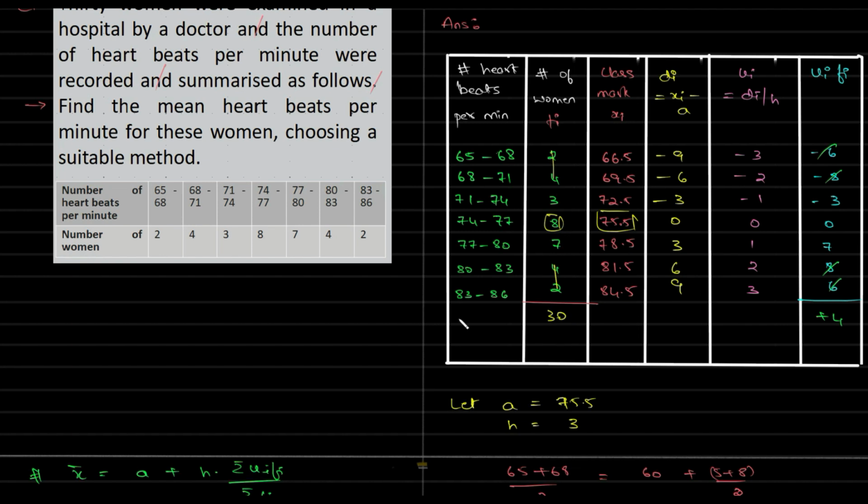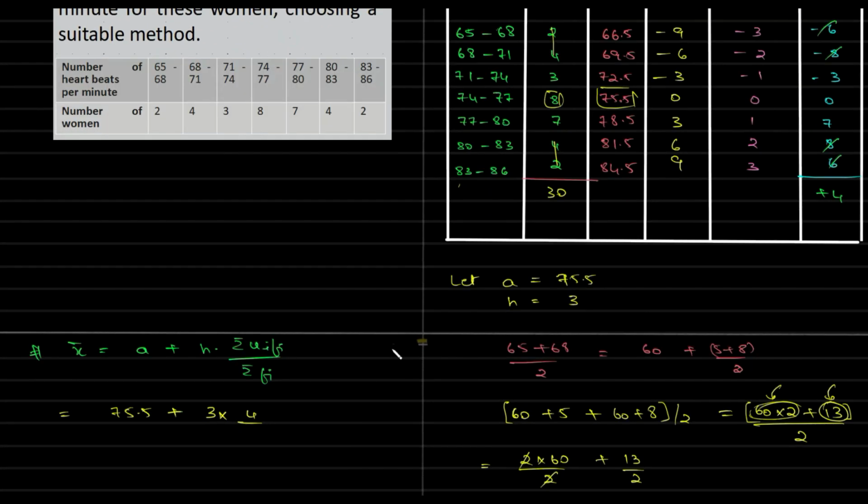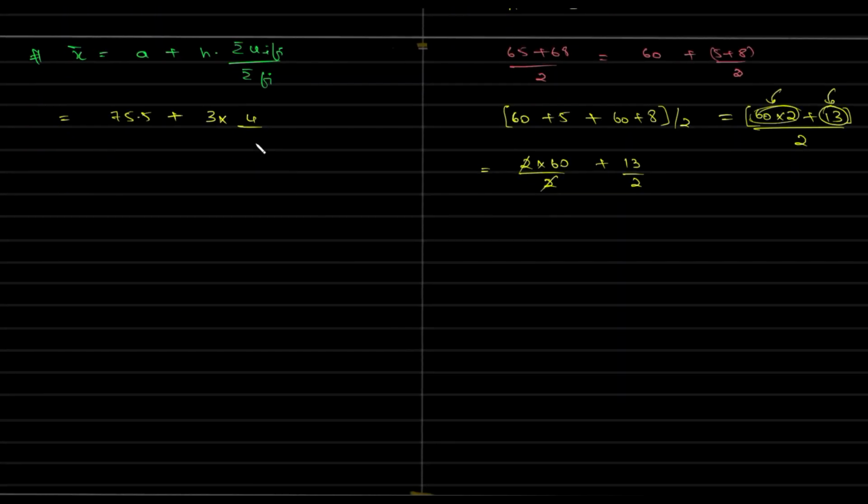We should learn to add like this, take numbers which make it easy. Linear addition is not advisable all the time. So this is 10, this is 0.4, so 75.9, right?